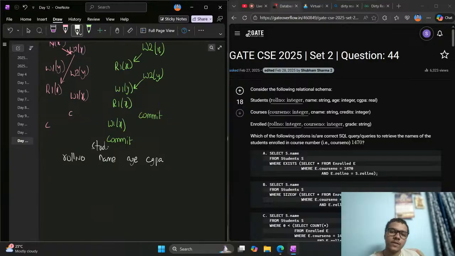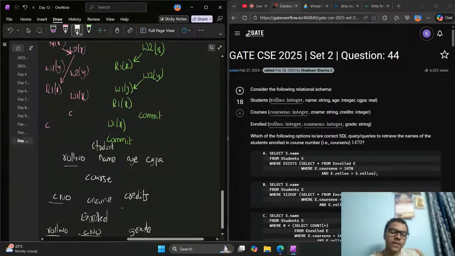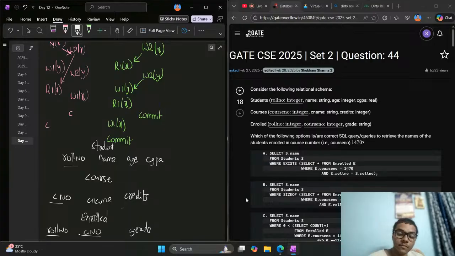We have the course table: C number, C name, credits, and enrolled: roll number, C number, and grade. These are the primary keys.